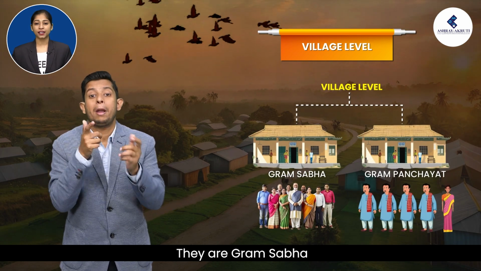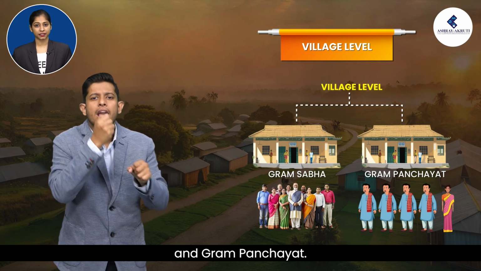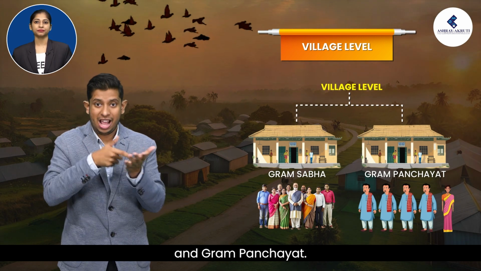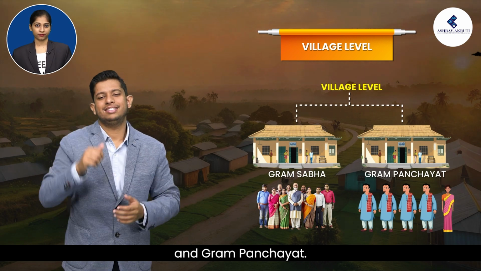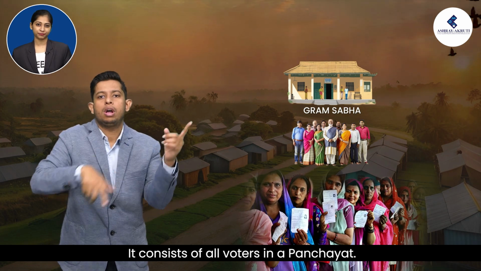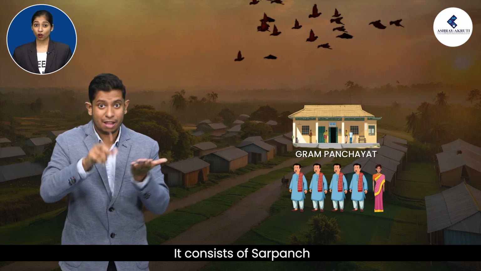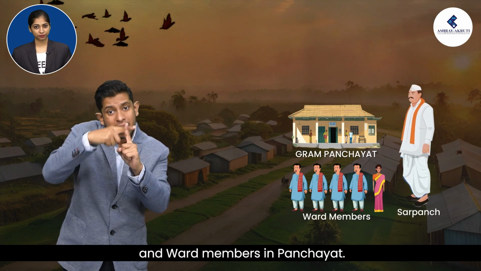They are Gram Sabha and Gram Panchayat. Gram Sabha consists of all voters in a panchayat. Gram Panchayat consists of sarpanch and ward members in panchayat.